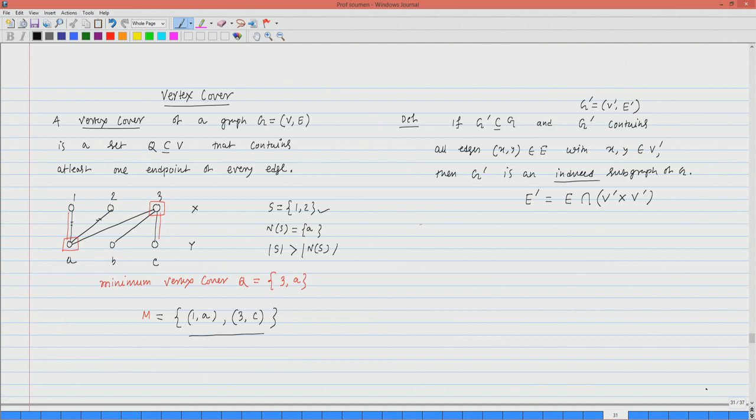Okay. Now, let me give an example to illustrate this definition.